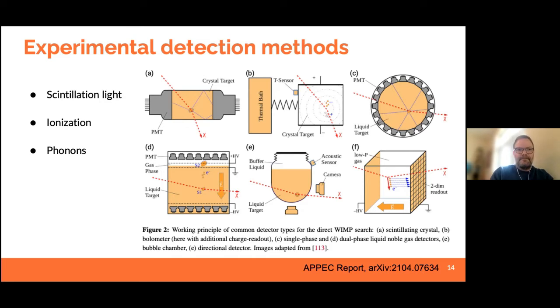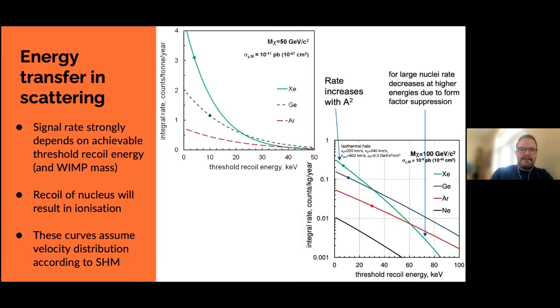Okay, so let's maybe take one step back again and think about what is happening with this energy transfer that we can get from a dark matter nucleus interaction.